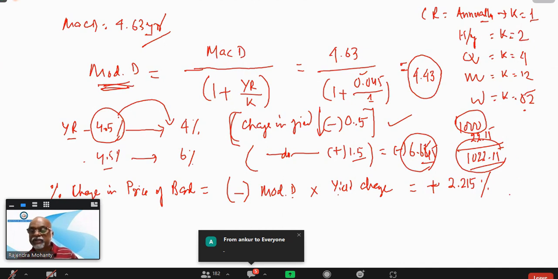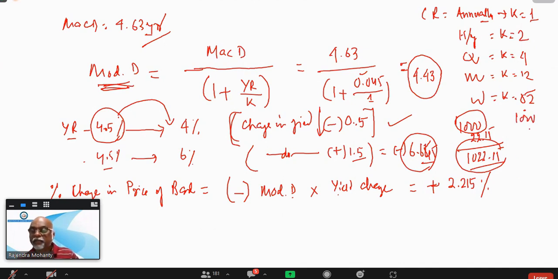The price will be 1,000 minus 66.45, so it will be 933.55. This is how Macaulay duration and modified duration are important to find out the price change.